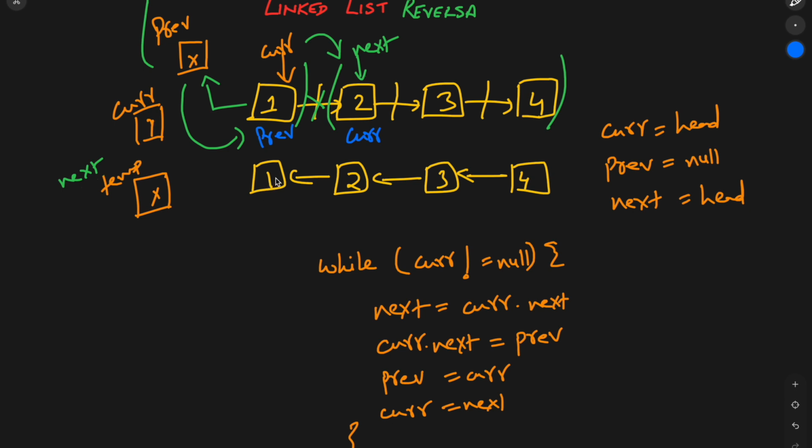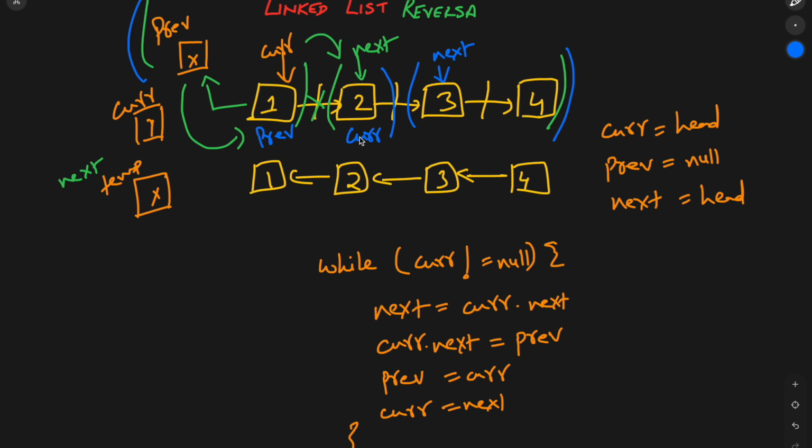Again, we traverse the linked list and see that the current is again not null. The next step is again to move the next pointer forward, and then we sever this link again. Now this is the linked list and this is another linked list.